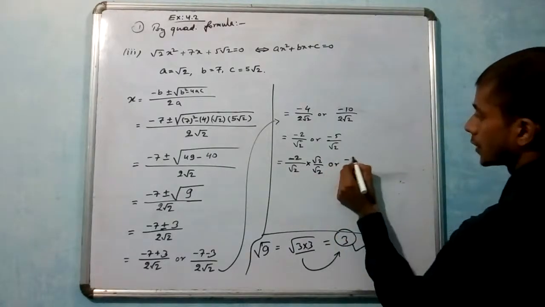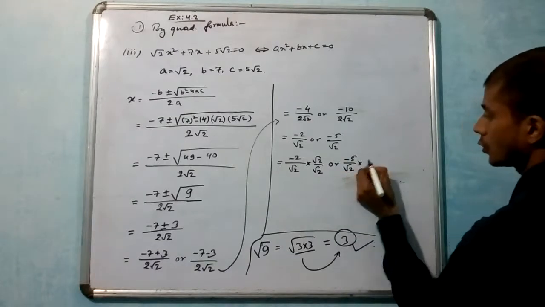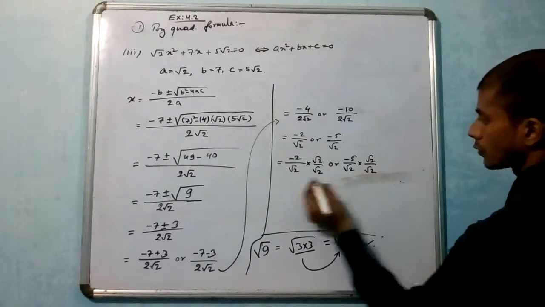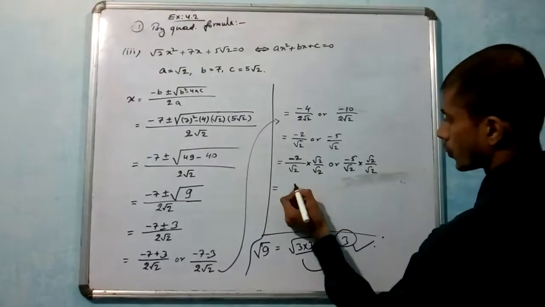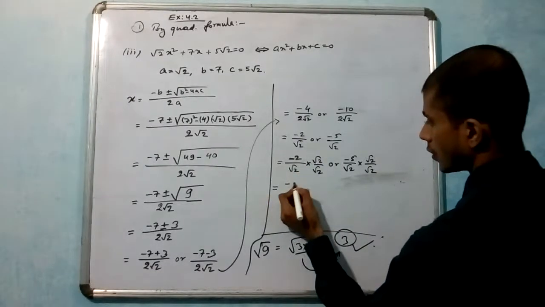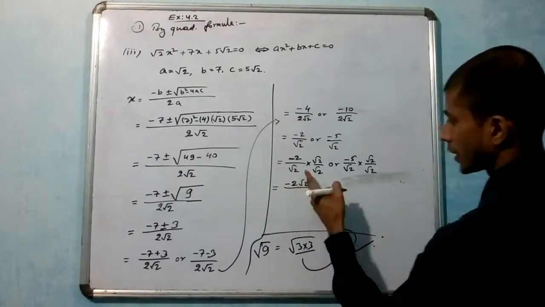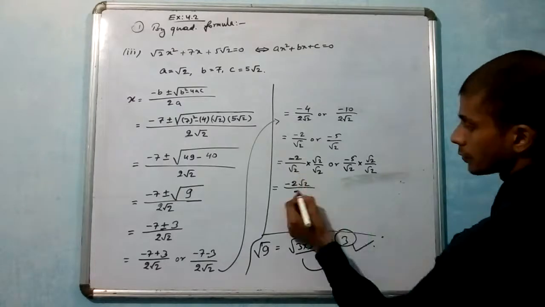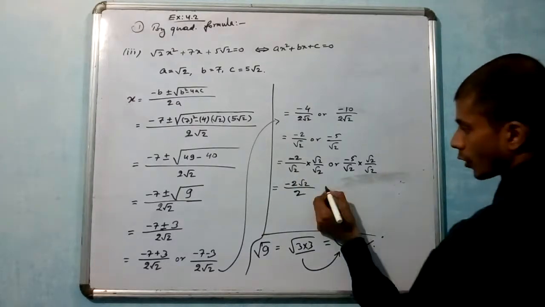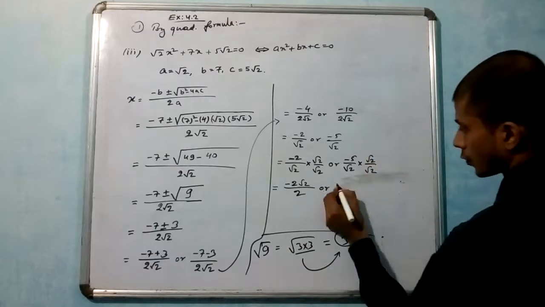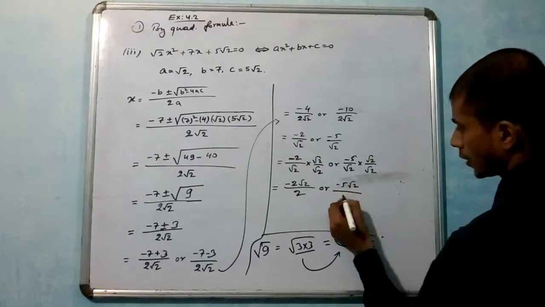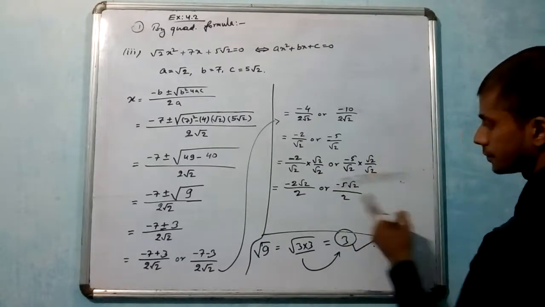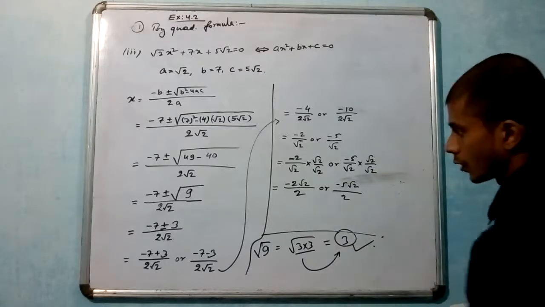Or minus 5 by root 2 into root 2 by root 2. See what will happen. Minus 2 root 2 will come in the numerator and down 2 will come. Or minus 5 root 2 by 2 will come. Okay? Now here what can we do? 2 we can cancel.